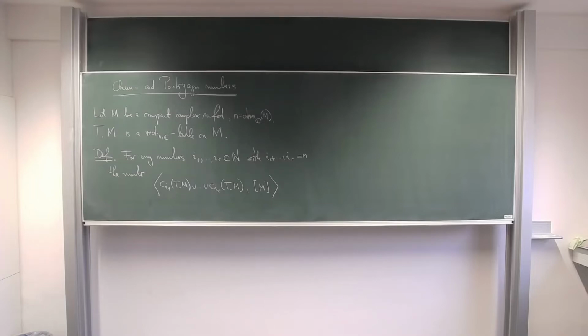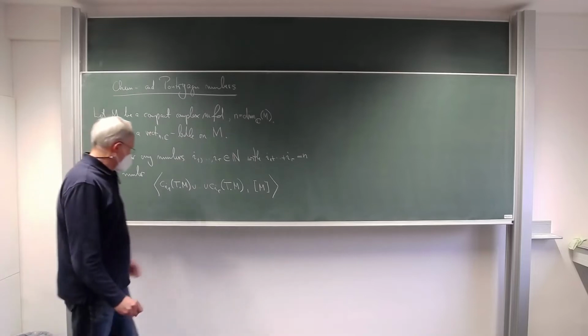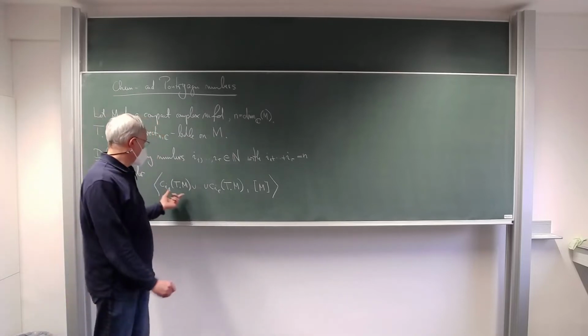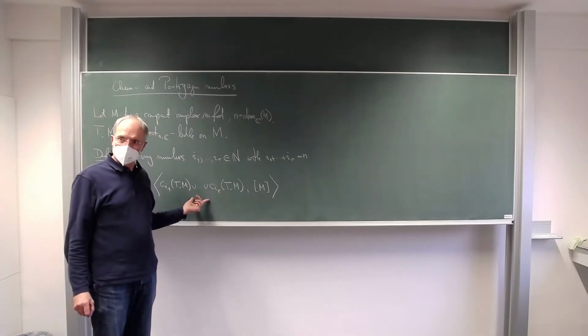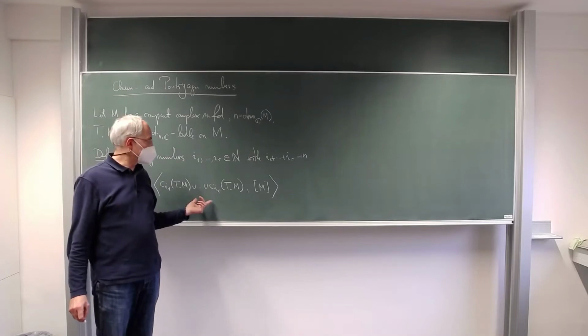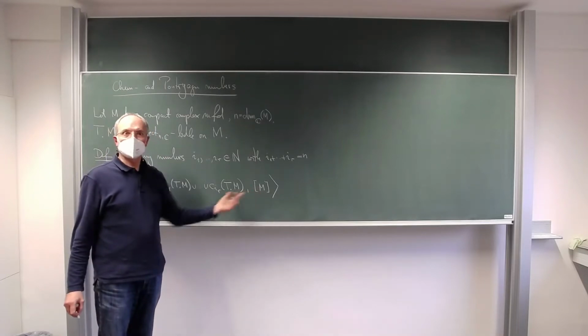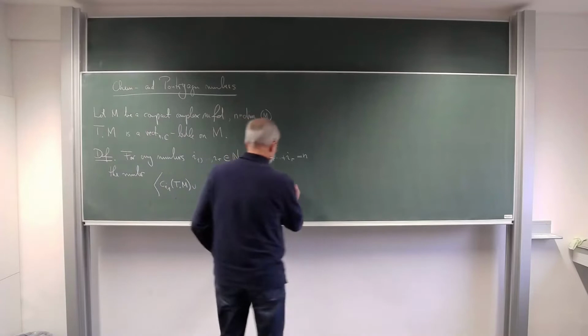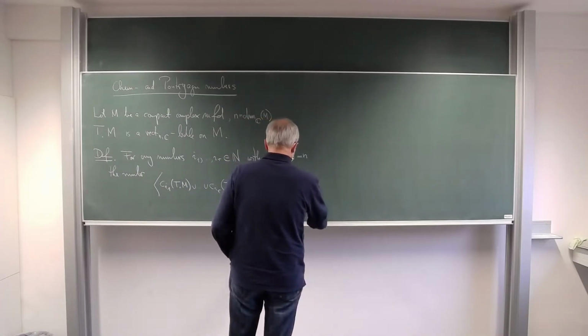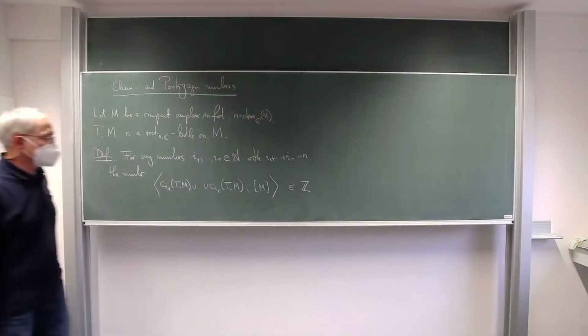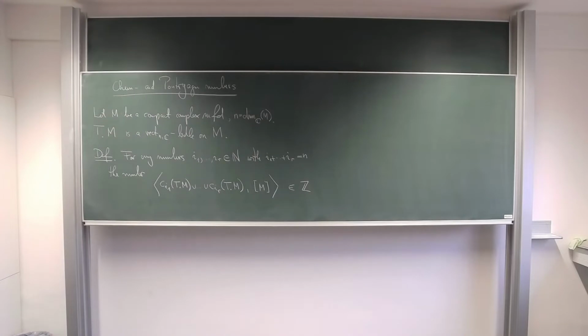And in fact it's an integer, because we have seen without proof that these Chern classes are actually integral cohomology classes. So if I integrate them against the fundamental class, I get an integer. That will not be terribly important to us, but let's note it here.